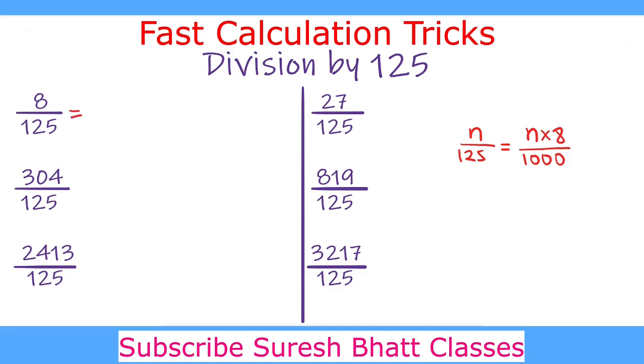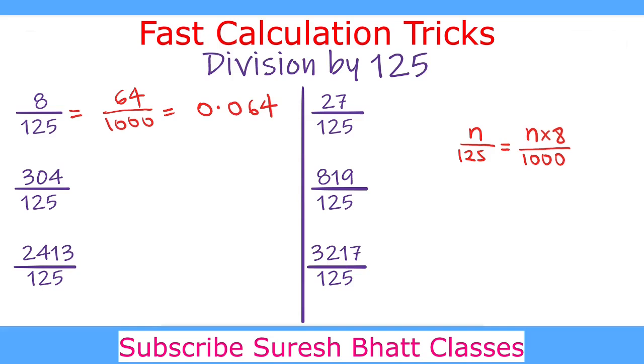We will take a question of 1 digit first, then of 2 digit, then 3 digit, and then 4 digit questions. So 8 divided by 125. So we have to multiply 8 by 8. So it becomes 64 divided by 1000. This is equal to 0.064, as we had to put decimal after 3 digits.